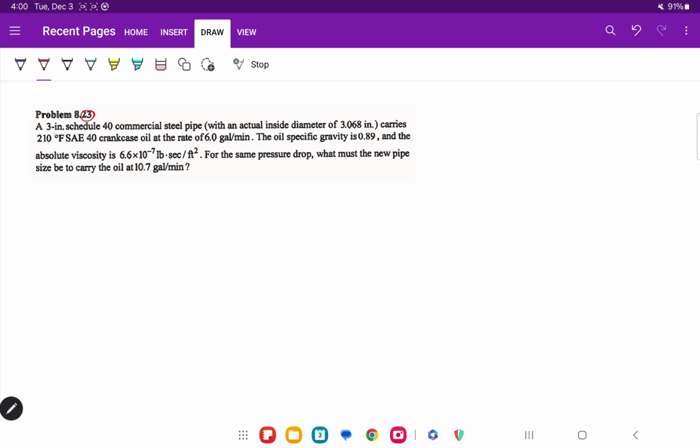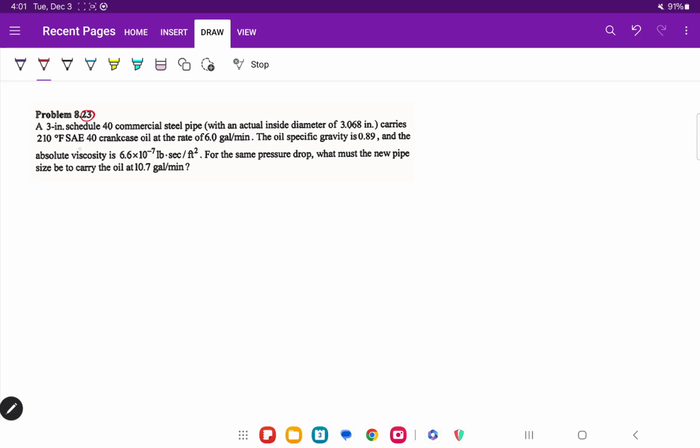Next, problem number 23. A 3-inch schedule 40 commercial steel pipe. Okay, now we have diameter and the material with the actual inside diameter of this one. So this is the actual inside diameter.